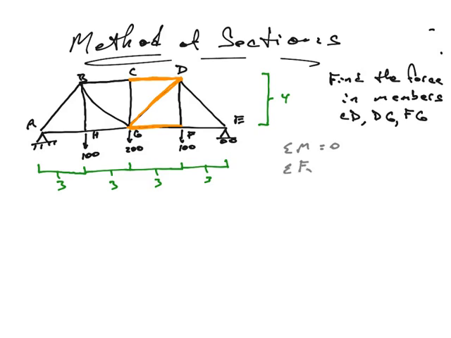The sum of the forces in the x direction is equal to 0, because we don't want our truss moving left and right. And the sum of the forces in the y direction is equal to 0, because we don't want our truss moving up and down. So if we only have 3 static equations, then we at most have 3 unknowns we could solve for.